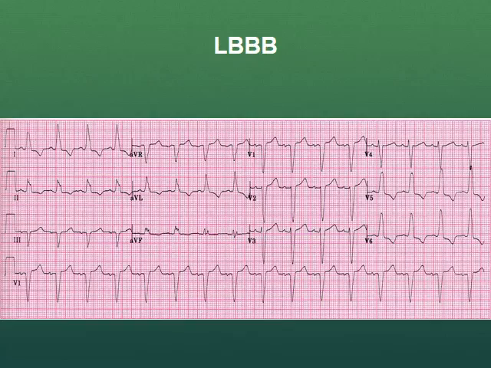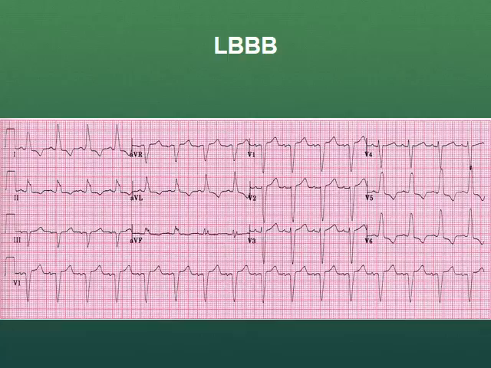So here's an example of a bundle branch block. V1 is just over here. Again, I can't point at it, but look for the V1. It's on the right side of the page there. I just realized that we haven't discussed 12 leads yet. But for this, we're not interpreting the 12 leads.